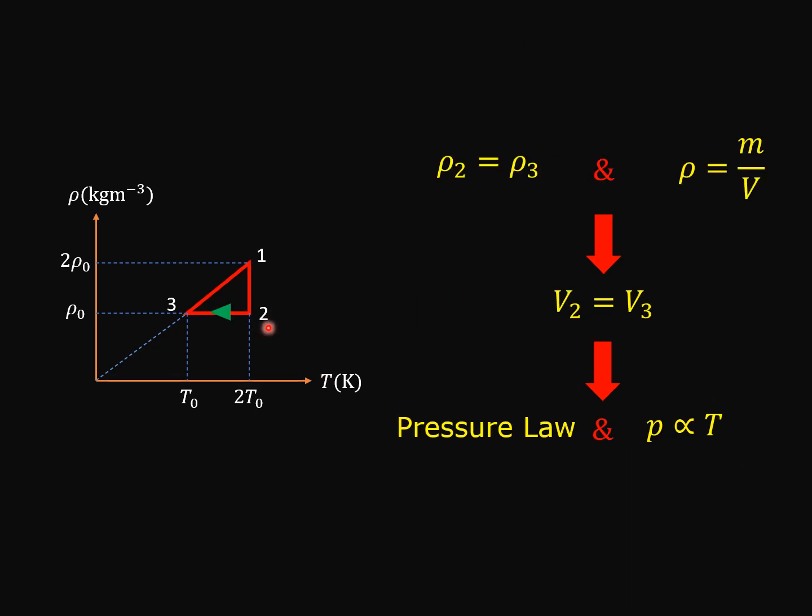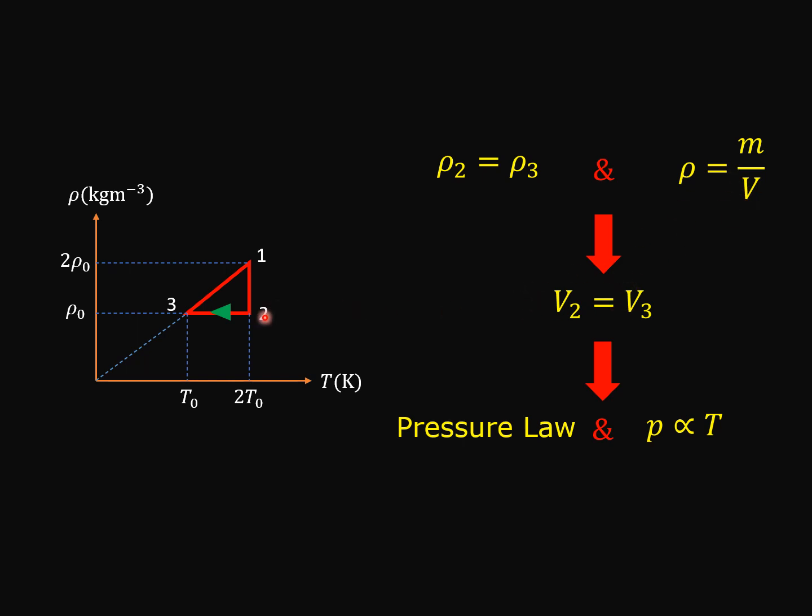When the gas now changes from state 2 to state 3, the density rho is the same, which is rho naught. So rho 2 is the same as rho 3. But we know that the mass of the gas is constant, so it won't change. If rho 2 is the same as rho 3, then V2 should be the same as V3.